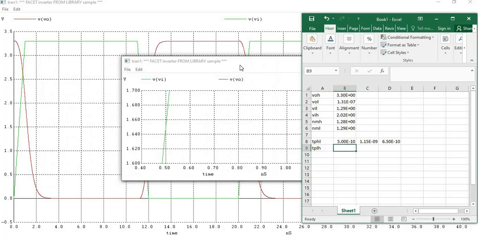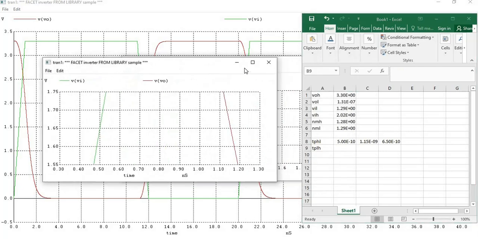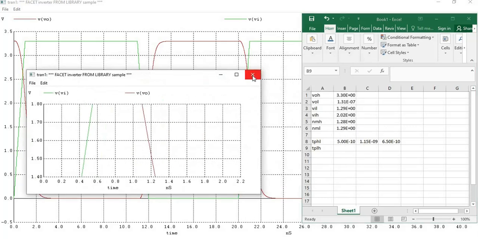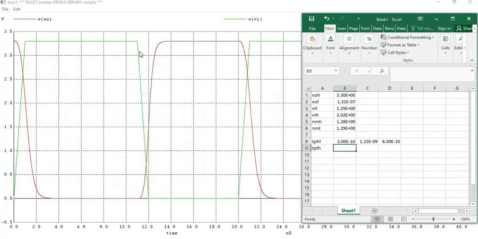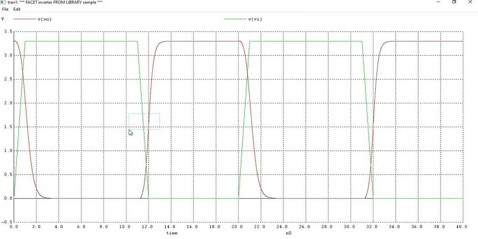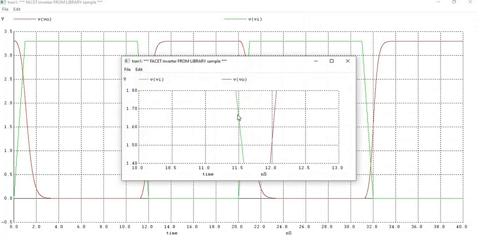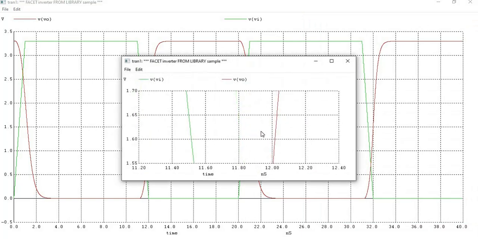You can close the other graphs. From the original, let us look at the low to high transition of the output. That would be this waveform. Again at 1.65, you just need to zoom it in.